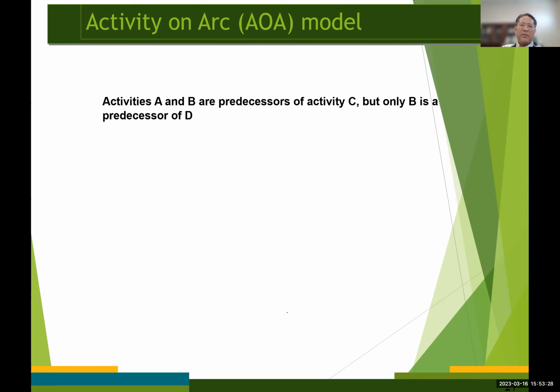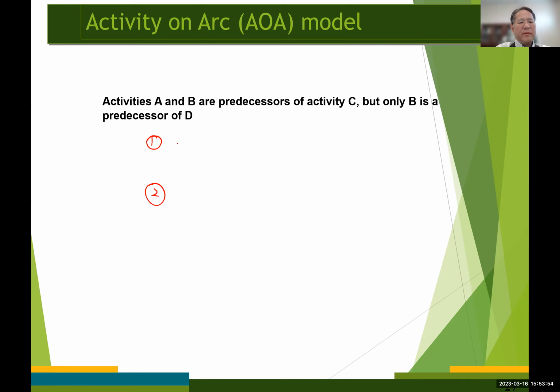Okay, then what about this case? Activities A and B are predecessors of activity C, but only B is a predecessor of D. So how about this?